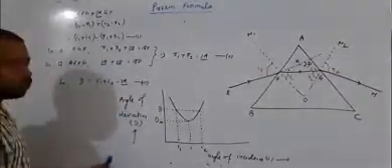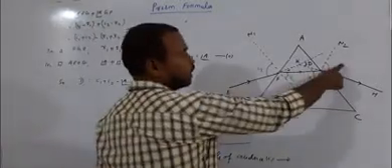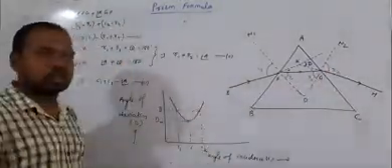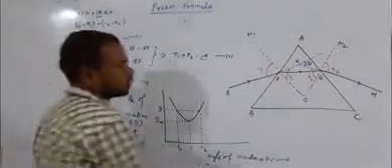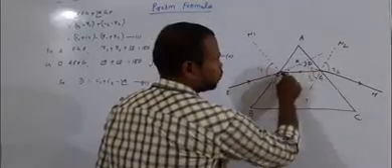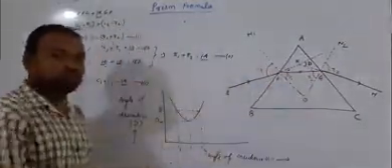That means when the angle of incidence and angle of emergence are both equal, the deviation is minimum. And in such a case, this FG ray through the prism is always parallel to the base.